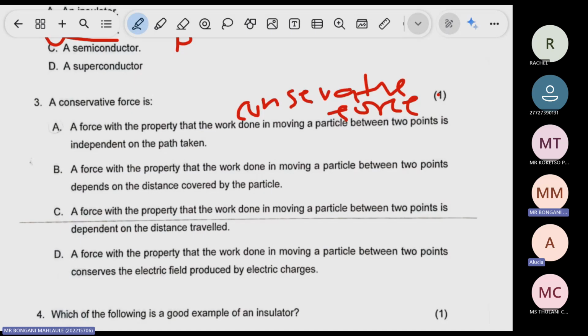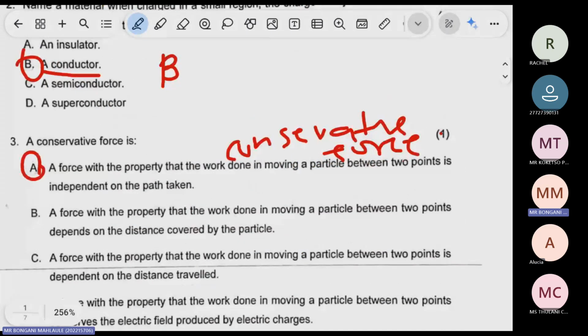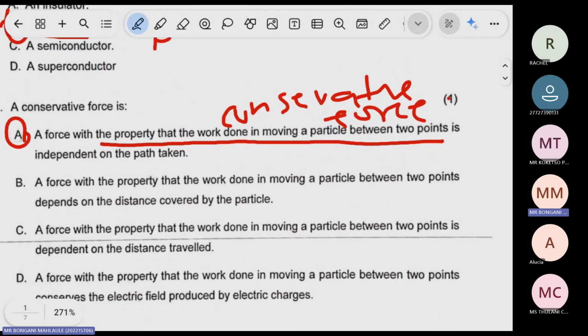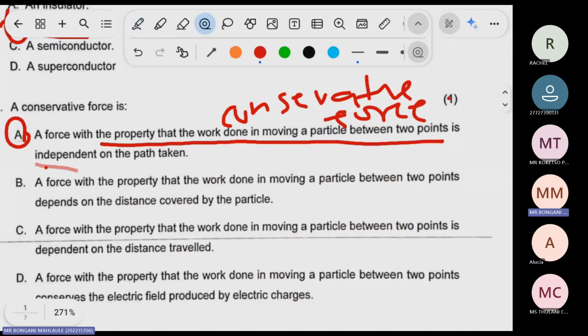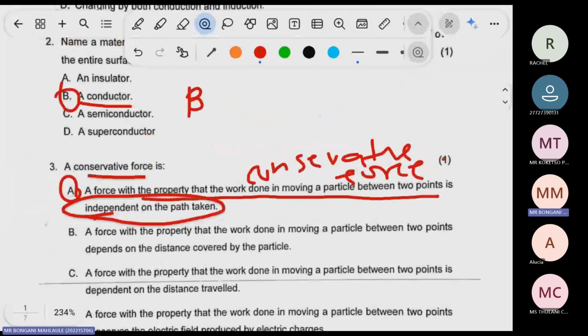Number 3 is A. The force with the property that work done in moving a particle between 2 points is independent of the path taken. This term here is the important term: independent of the path taken. So once you see that, you should know it's talking about a conservative force.